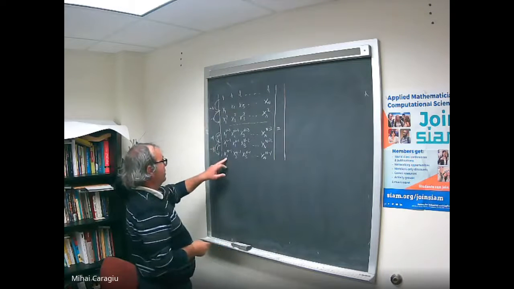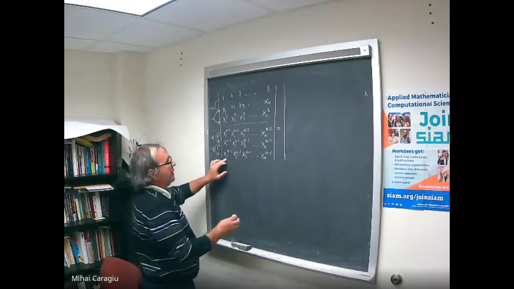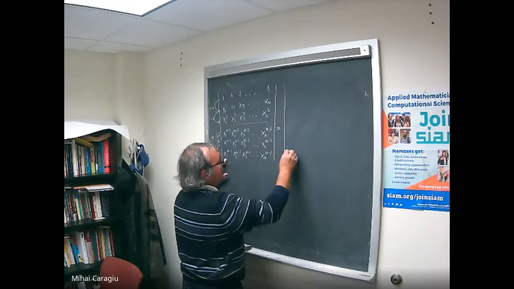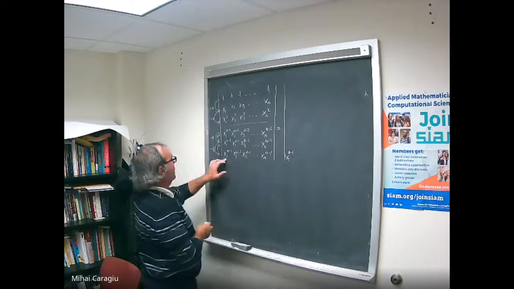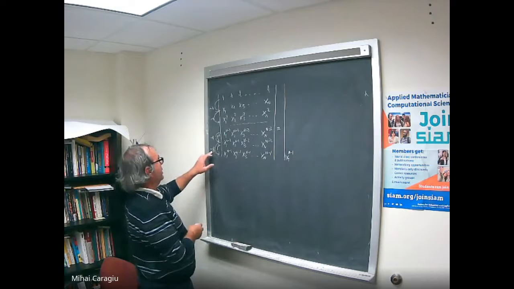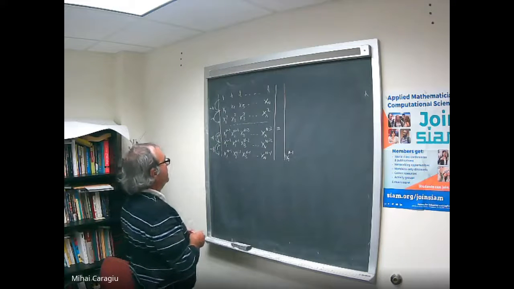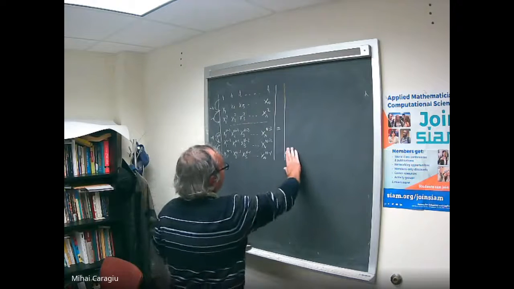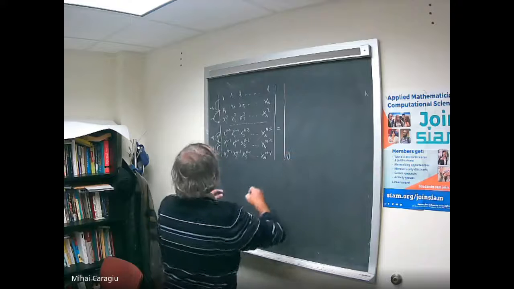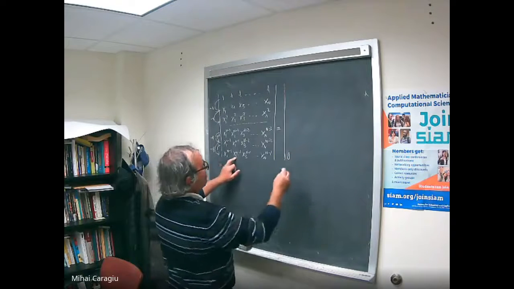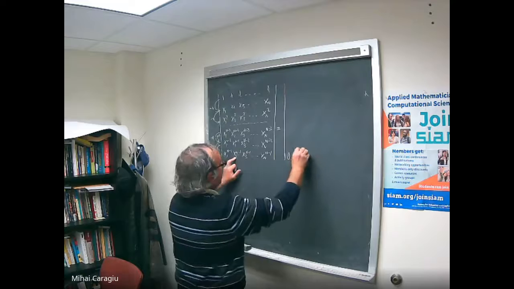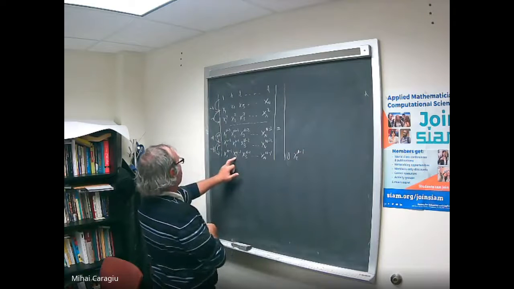The last row, lower left corner: x1 to the power n minus 1 minus x1 to the power n minus 1. That's a 0, of course. Then x2 to the power n minus 1 minus x1 x2 to the power n minus 2.